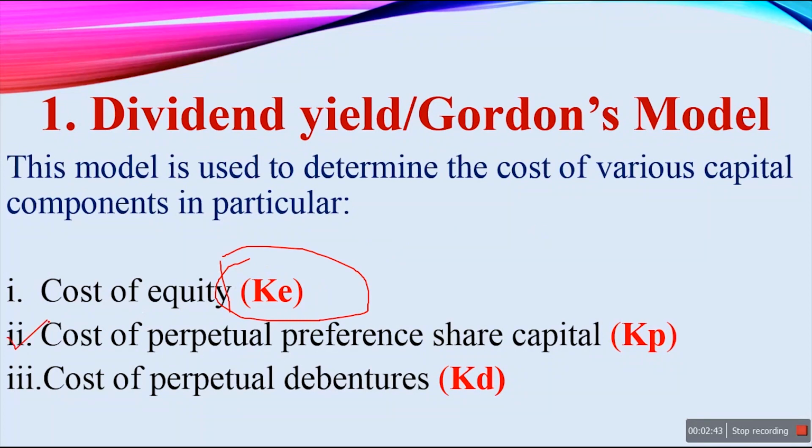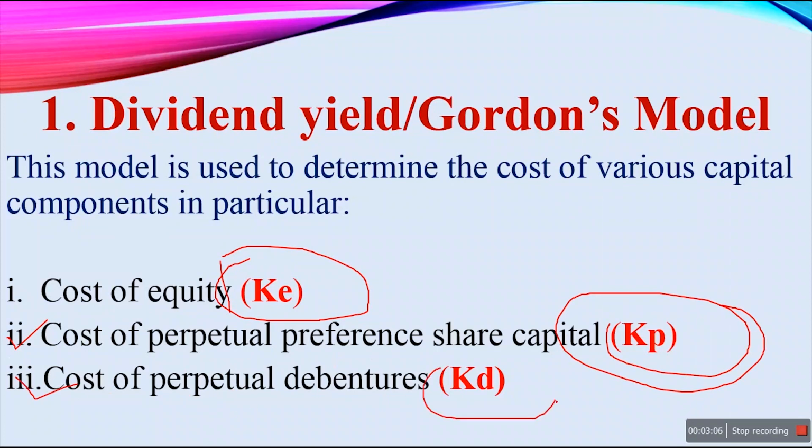We have two, cost of perpetual preference capital, which is represented by KP, which refers to the cost of obtaining capital by issuing preference shares. And lastly, the cost of perpetual debentures, which is the cost of obtaining finance through debts or borrowing, normally represented by KD, representing the cost of debt.